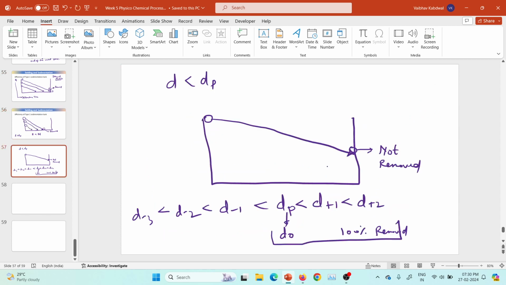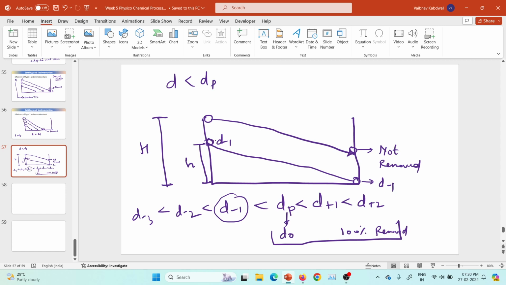But for a smaller particle, only if it is present at a certain height can it be removed. Let's say the total height of the sedimentation tank is capital H, and the height at which the smaller particle is removed is small h. Let's say this particle is d minus 1. For this particle, the height will be different, and for this particle, the height will be different.